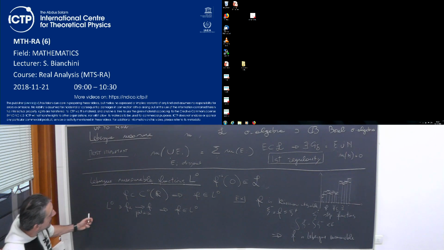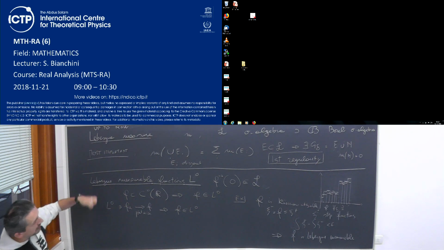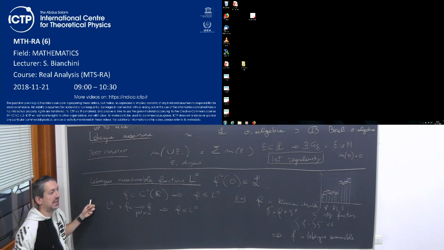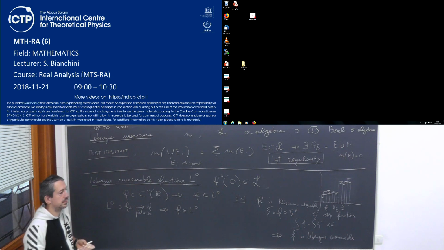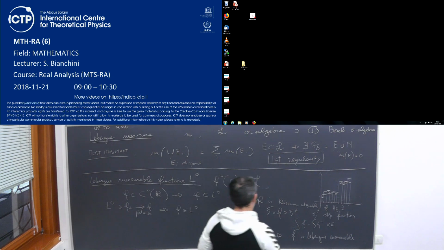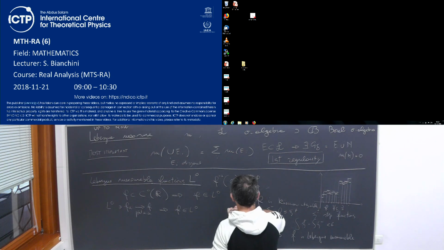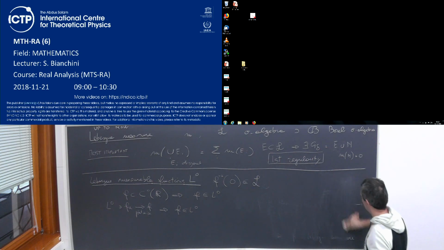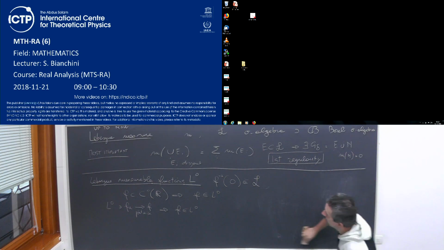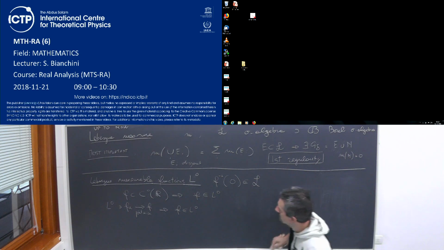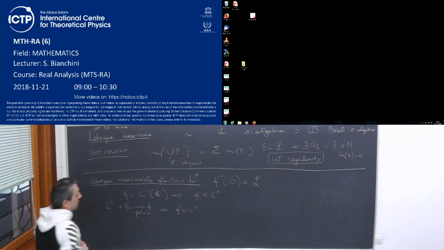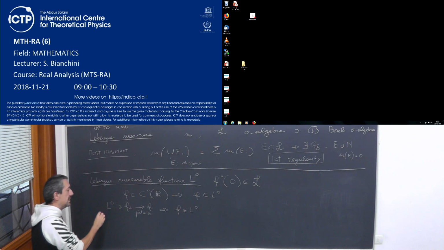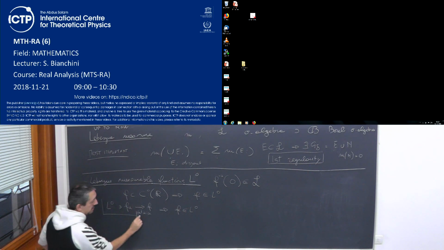So let's see now how the regularity over there translates into regularity over here. This is the second regularity principle. The most important thing is this part here.